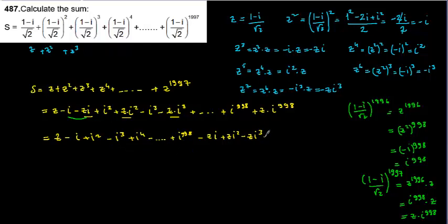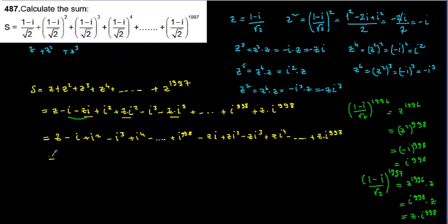The next one is going to be plus again, plus zi to the power of 4, then minus, and it's going to continue. Then the last one must be zi to the power of 998.